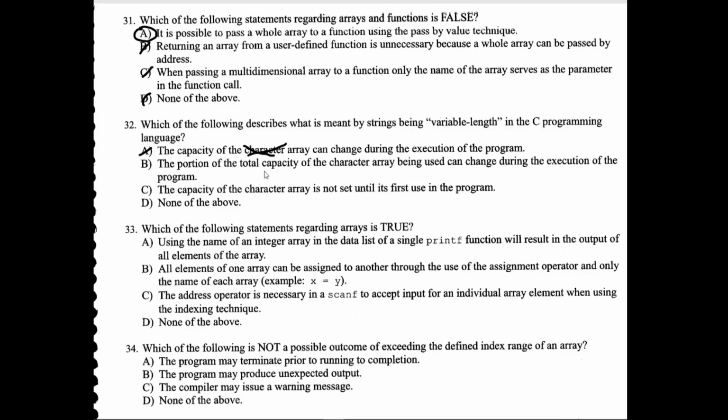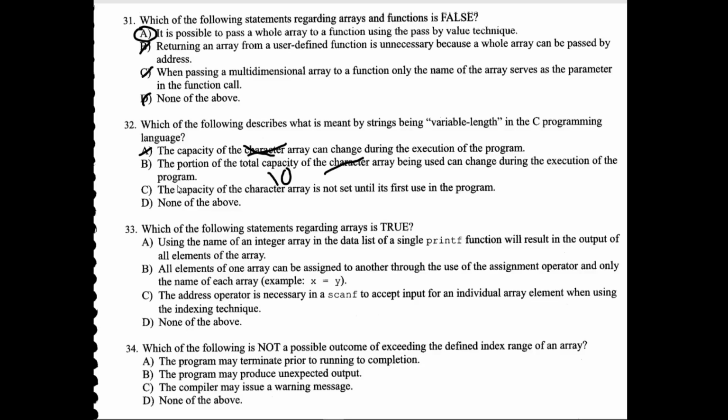B. The portion of the total capacity of the array being used can change during the execution of the program. Now, there's nothing saying you ever have to use the whole array, and especially in a character array, when you often may have a delimiter at the end of the array, that \0, you're not going to be using the entire length of the array.